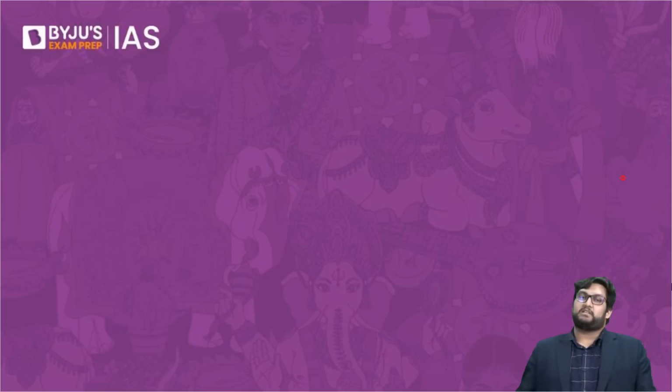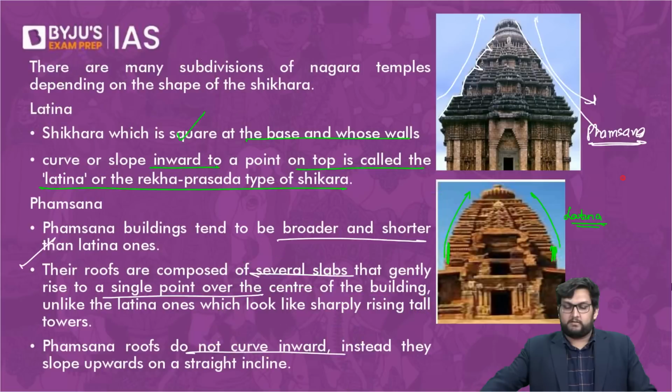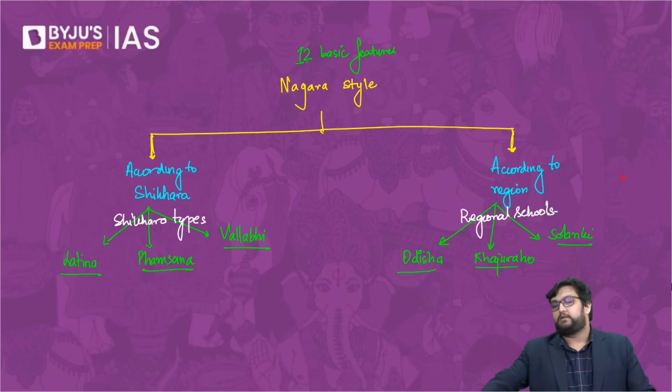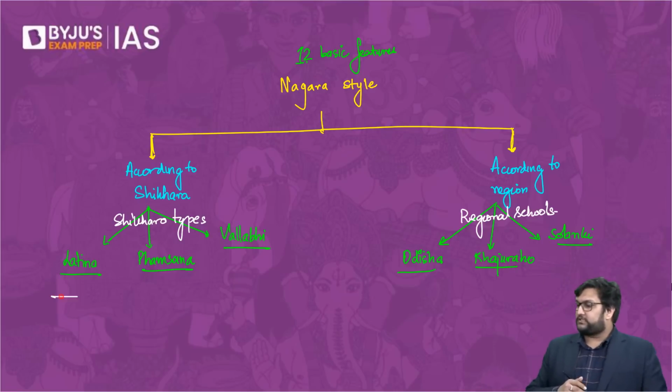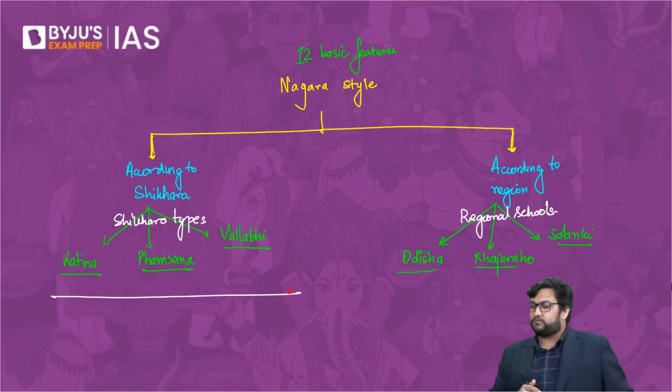Vaulted chamber means, someone please write it in Hindi. Vaulted chamber means a chamber which is vaulted. A chamber is a chamber. We have done this. What is the difference between Khajuraho and Solanki school? Amit, I've taught it, I've done it. Have I taught it?